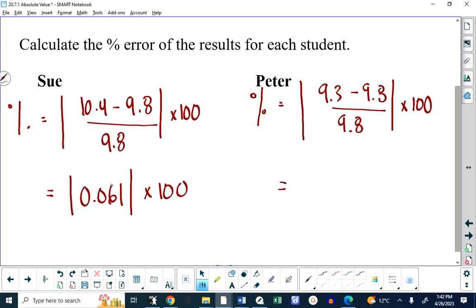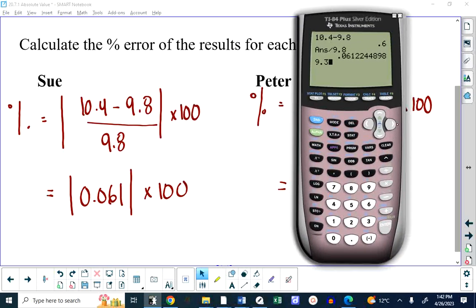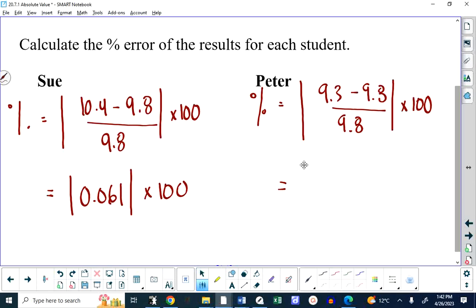Over here, 9.3 minus 9.8. Divide that by 9.8. I get this number, 0.051, and it's negative. Times 100.